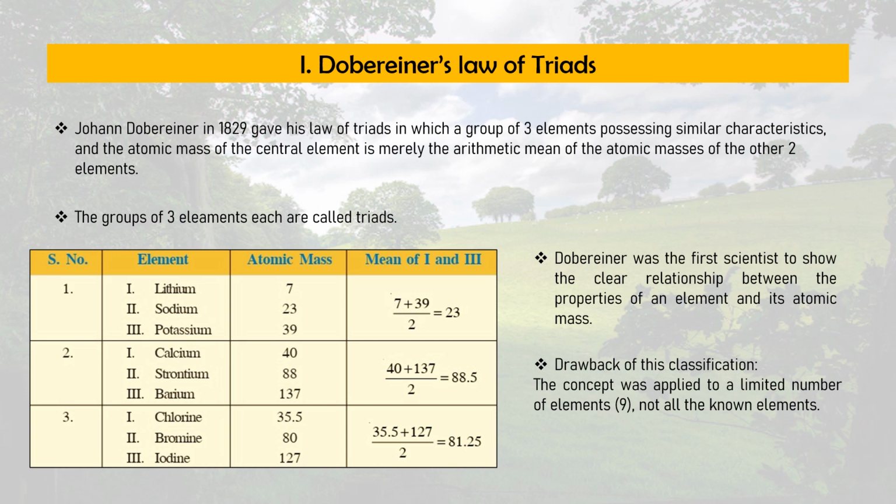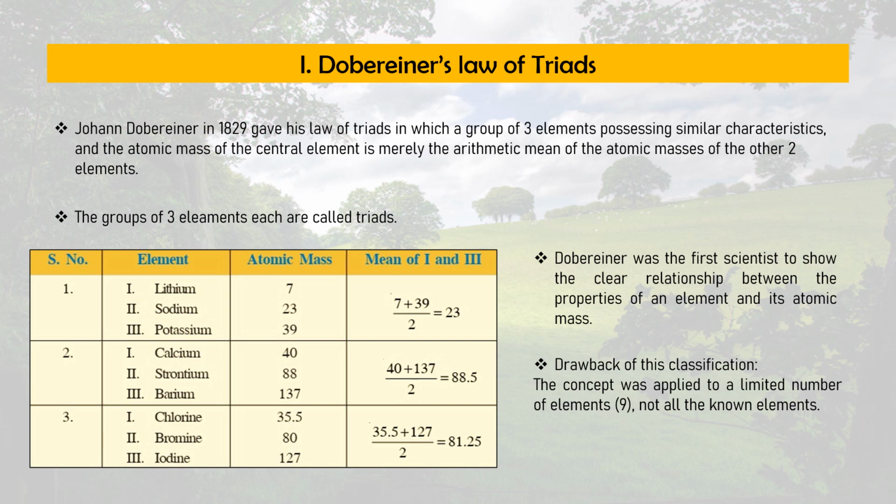Now we have some classification types, starting from how scientists were first classifying the elements. The first and simplest one is Dobereiner's law of triads.